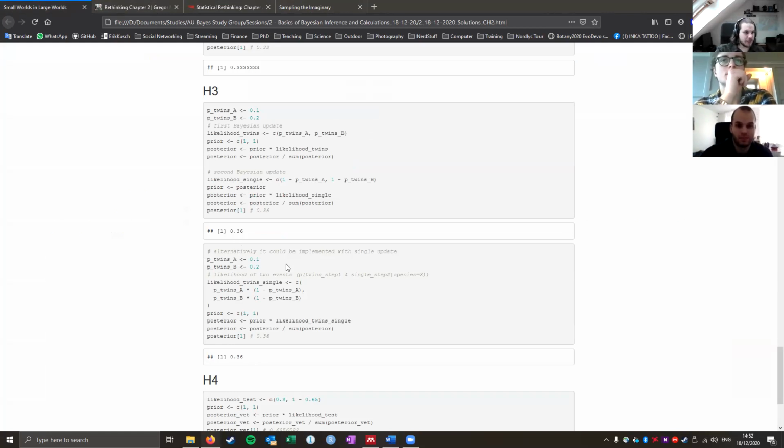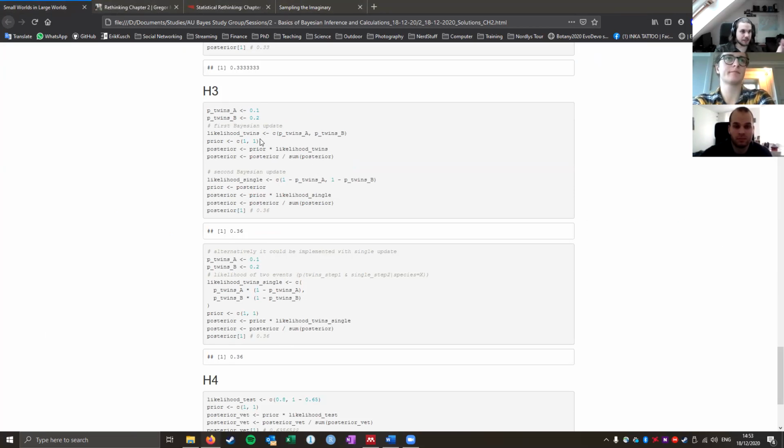So there are two ways within which you can do this. I do it once with updating, and then you can do it all in one step. With the updating, I start again from the beginning, so all of this should be able to run from scratch. This is why I repeat P twins A is 0.1, for example. So we have the likelihood for twins being born.